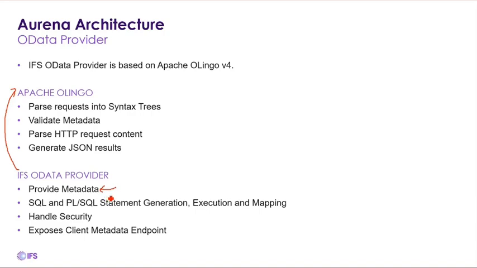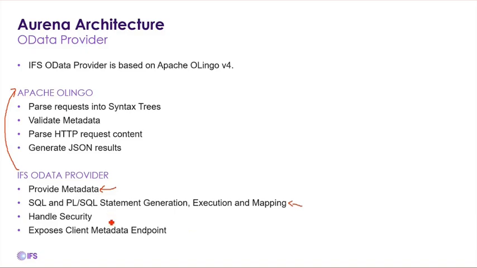Not only client side, but also later on you will see we might be using certain server side metadata too. And most importantly, this one, SQL and PLSQL statement generation. Apache Olingo does not know how to do that. IFS knows how to do that. It will have a look at the incoming request, try to map entity sets into one of our already existing base server entities, and then try to invoke some sort of a PLSQL or SQL method.